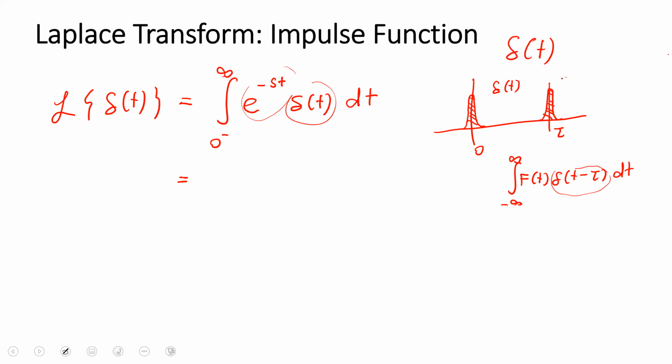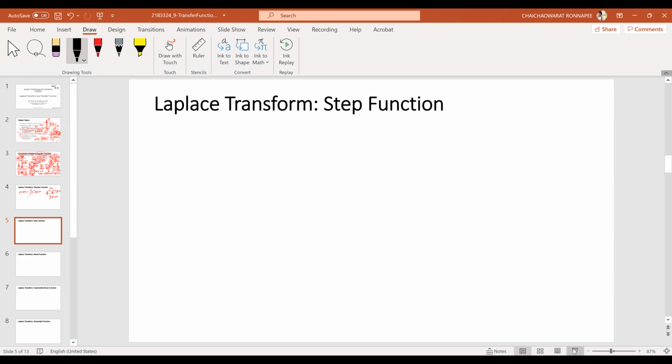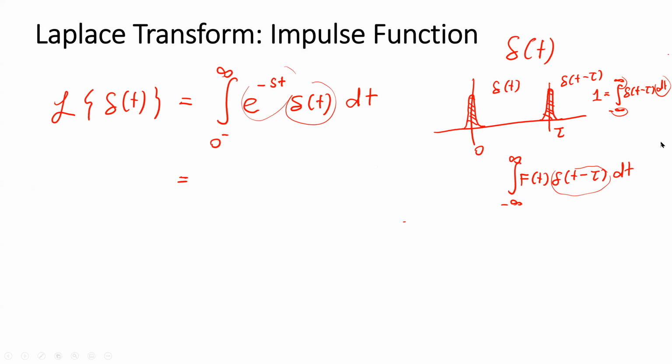The magnitude of the integration of the direct delta dt from minus infinity to infinity, the area under the plot, is going to equal 1 for the direct delta function, and this is useful.